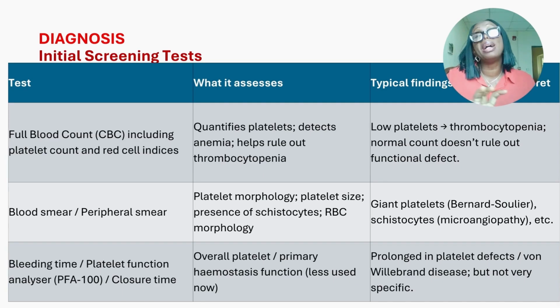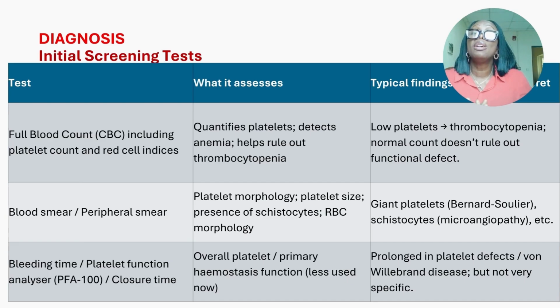But when you have a normal count, it does not rule out a platelet function defect, which means you still need other tests to check platelet function. Then we have the bleeding time test, which can help us assess platelet function. Also the platelet function analyzer, PFA-100 or 200, or a platelet aggregometer, can help us assess platelet function.